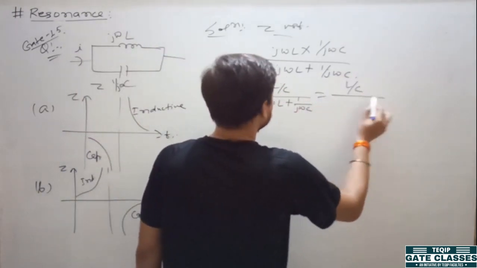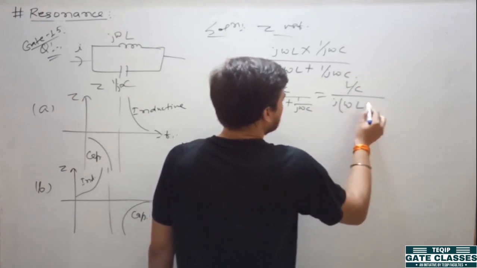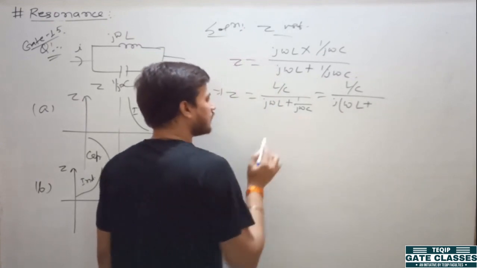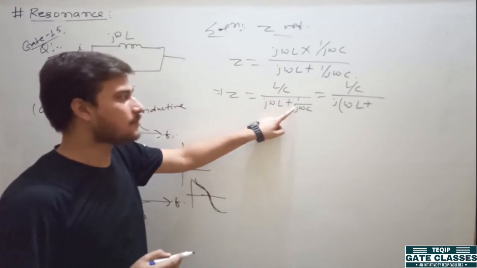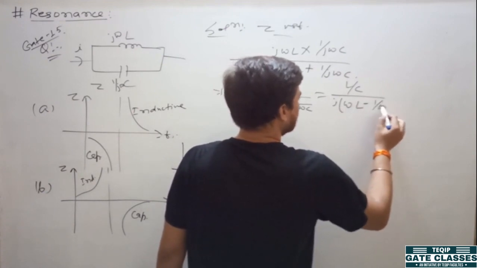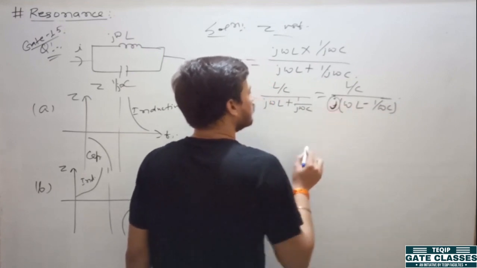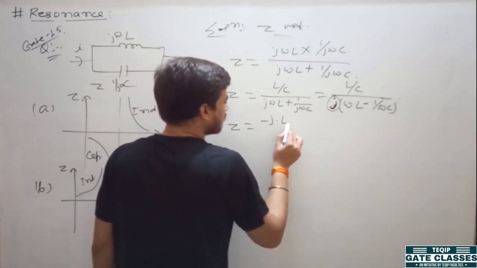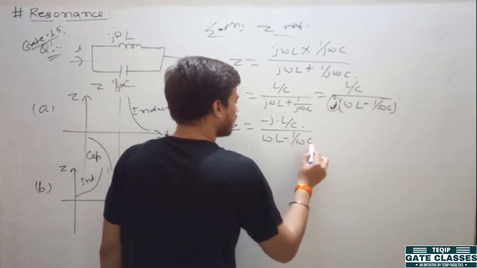So here it will be j into omega L minus 1 upon omega C. If you are taking j as common, here j is at denominator. So when it is coming at numerator, it will be minus j, because 1 by j is equal to minus j. So Z will be equal to minus j into L by C divided by omega L minus 1 upon omega C.